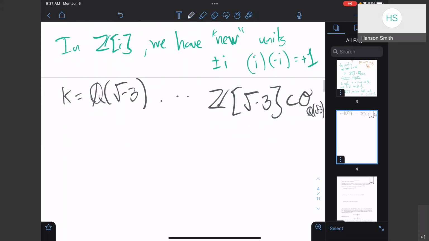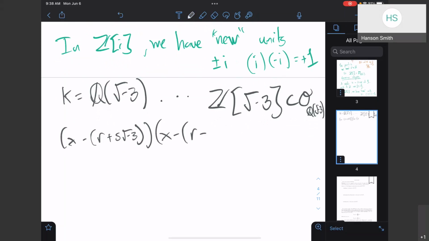So in this case, you get x minus r plus s square root of minus 3. Our Q basis for K is 1 and the square root of minus 3. There are a lot of Q bases for K, but that's one I'll pick right off the bat. And then we have x minus r minus s square root of minus 3. Same thing as before.